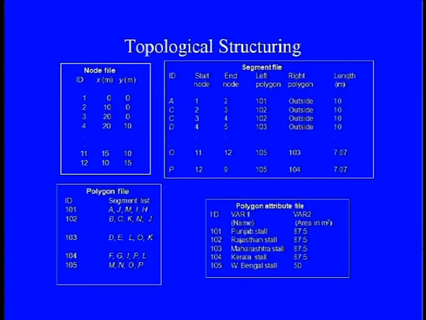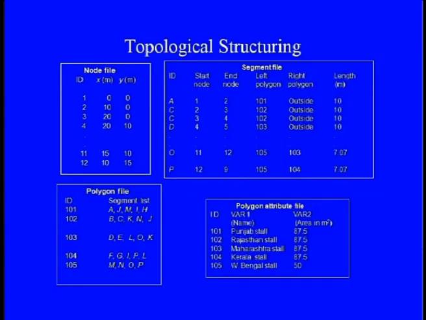So, the polygon ID 101 consists of the segment list A, J, M, I and H. Similarly, polygon 2 consists of the segment list B, C, K, N and J and so on. So, in this manner, the connectivity of the lines within the polygon have now been established.